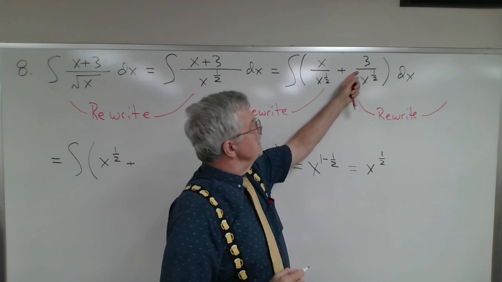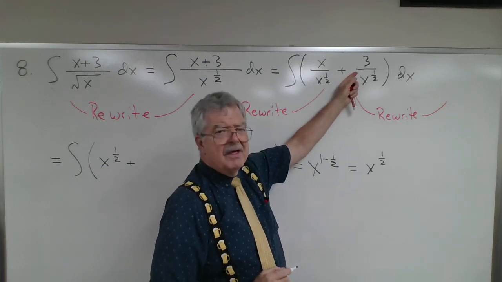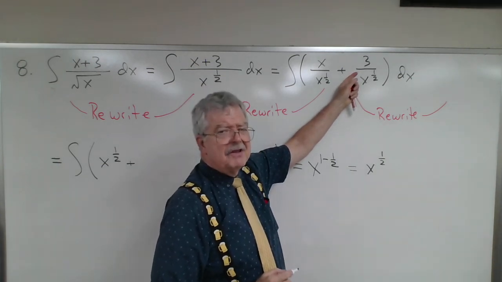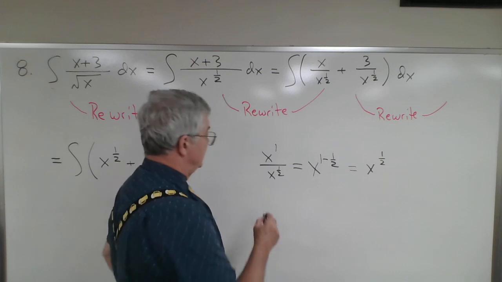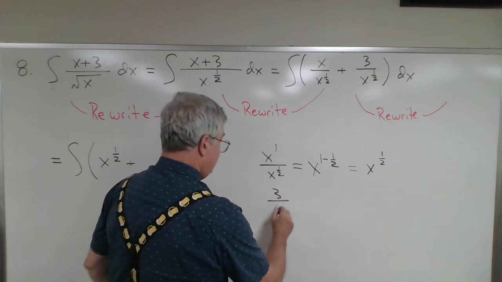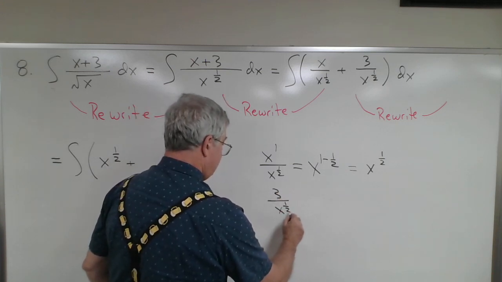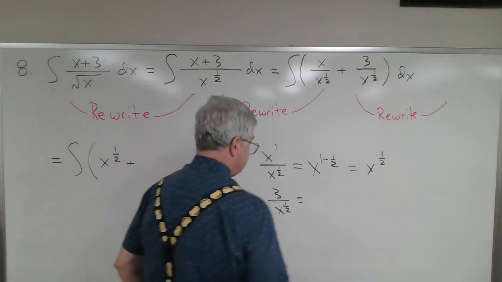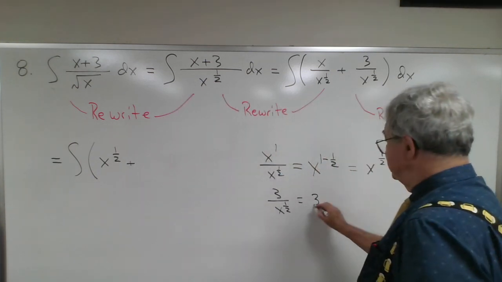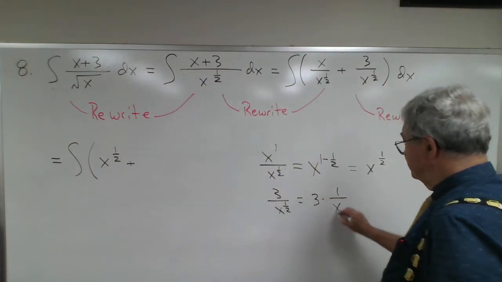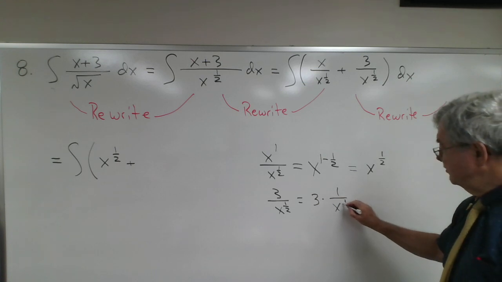And I can rewrite this as 3 times x to the negative 1/2. Let's see, 3 over x to the 1/2. That's 3 times 1 over x to the 1/2.